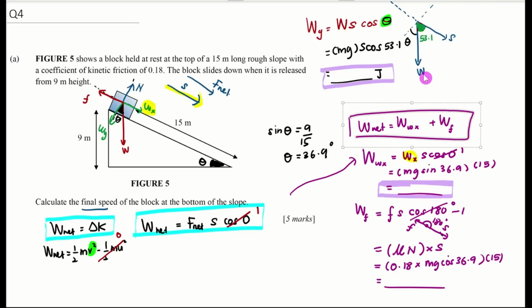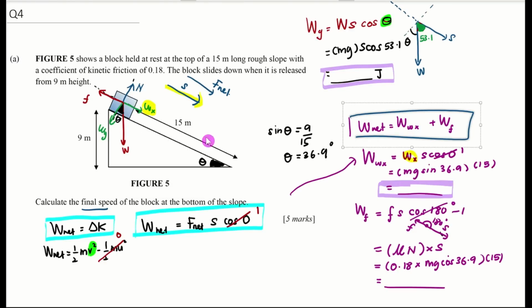Okay, itu satu. Kedua, untuk you kira the net work, okay, you can total up WX plus WF, you kira asing-asing and then you total. Ataupun you buat cara yang macam ini, maknanya you masukkan terus Fnet. Okay, Fnet tu apa dia? Ini. Fnet tu ini dia.